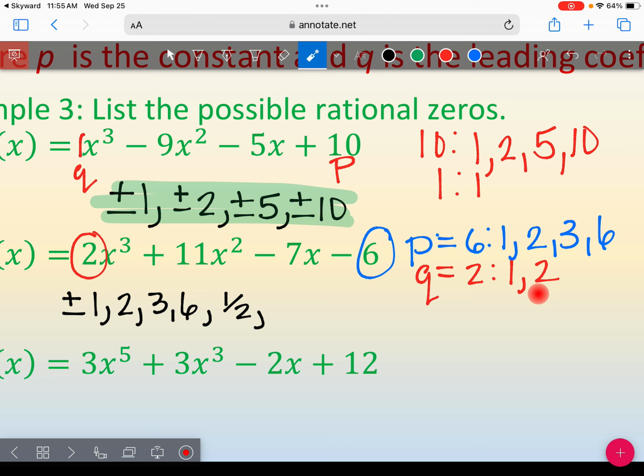Do we already have that number there? So we don't need to list it again. What about 3 over 2? 3 over 2 is not there, so we're going to add that. And then what's 6 divided by 2? 3. Do we have that number already listed? So we have altogether 2, 4, 6, 8, 10, 12 different possibilities, because remember, every single one of these numbers could be positive or negative. All right, now let's look at C.